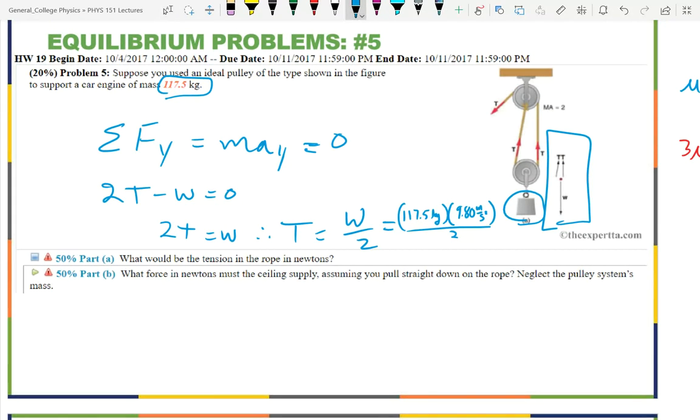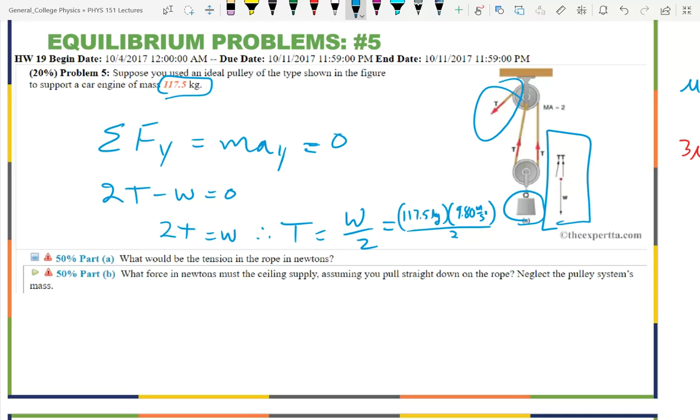If you look at this picture, it has a part B. How much force is pulling down on the ceiling? It's just the weight. It's not just the weight, because I'm also pulling down on the rope. Now, this picture shows me pulling at an angle of about 45 degrees.